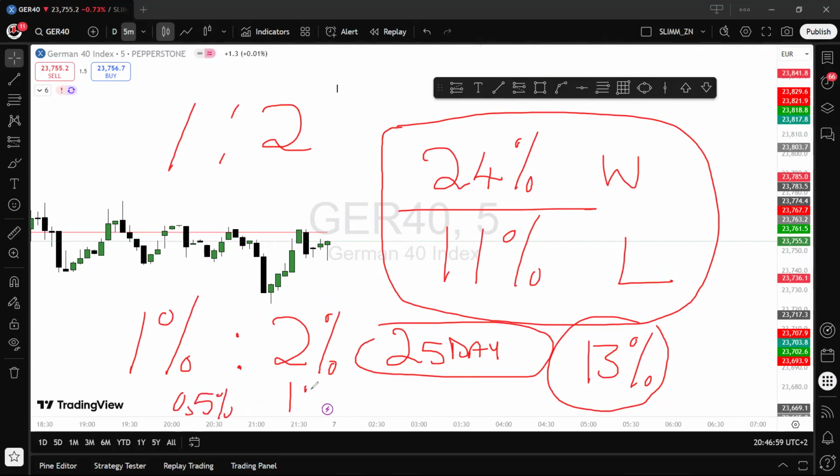Okay, so that means we could have won what? 12% plus or minus, and we would have lost something like half of it or slightly under half. Let's just say half, which is 6%. So at the end, we would have still been positive 6%, which is still good.